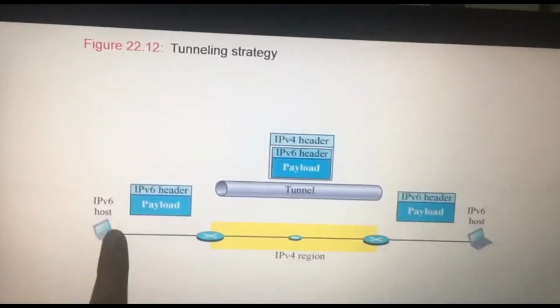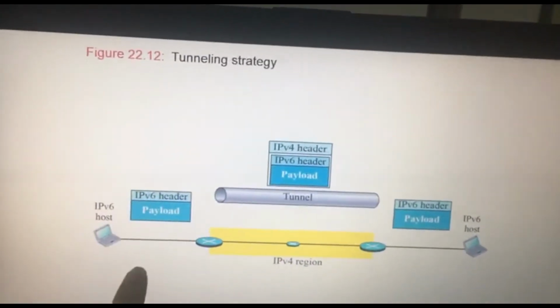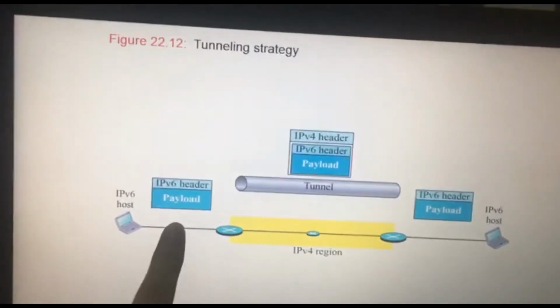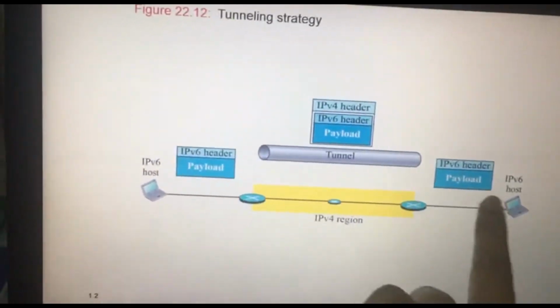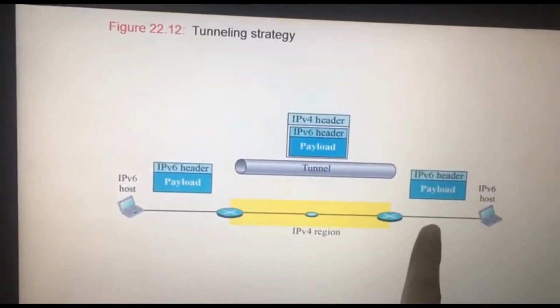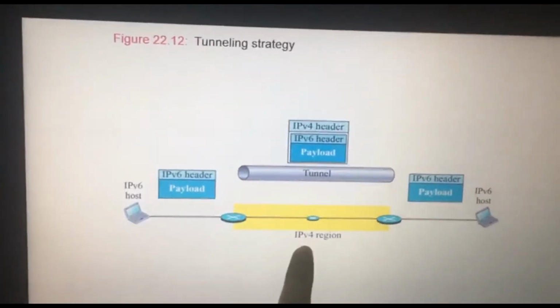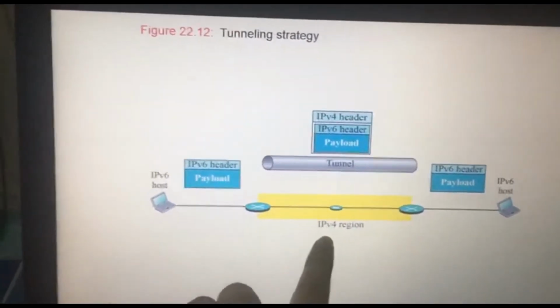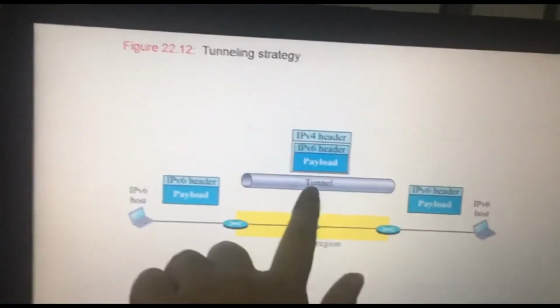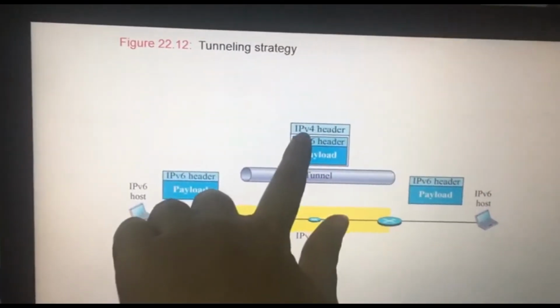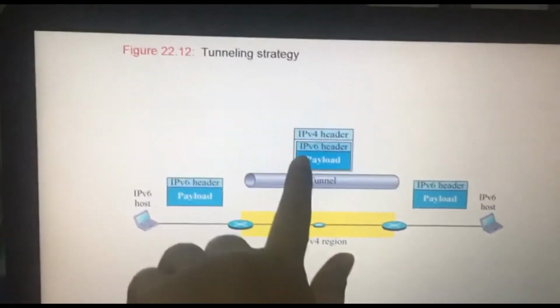So the IPv6 host uses an IPv6 header, and this side also uses an IPv6 header, and in the middle, the IPv4 region has a tunnel. The tunnel provides for the IPv4 header and IPv6.